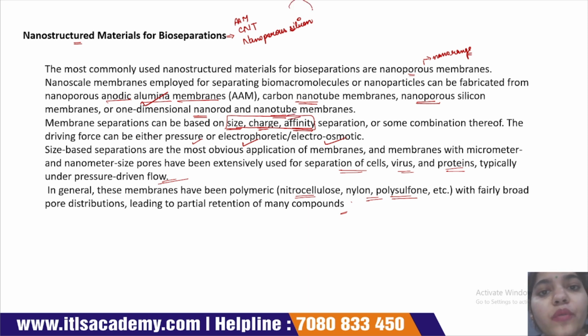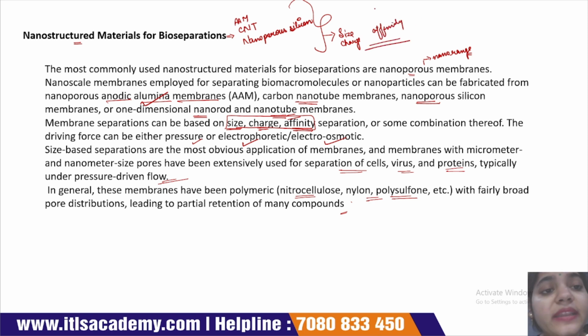With the help of these nanostructures or nanoparticles, we separate biological material on the basis of their size, charge, and affinity.